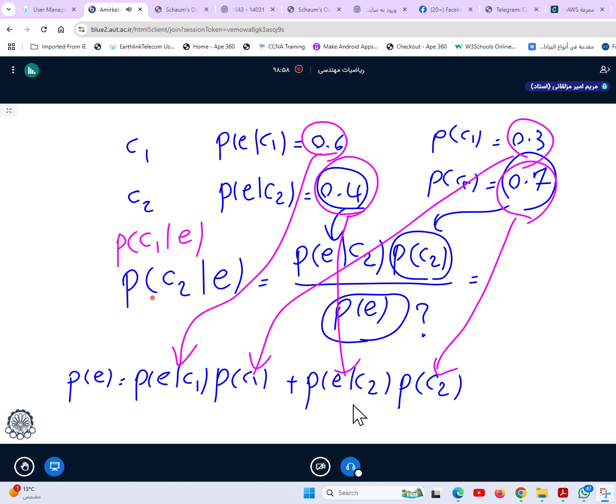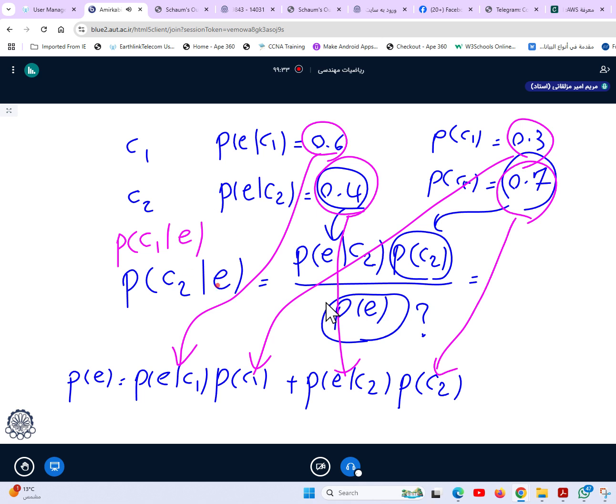What we want is the probability of, for example, class 2 given error. It means that we know the error has occurred. Now we know that we have error. What's the probability of class 2? That is the meaning of this conditional probability. We know the probability of error given class 2 and we want the probability of class 2 given error.